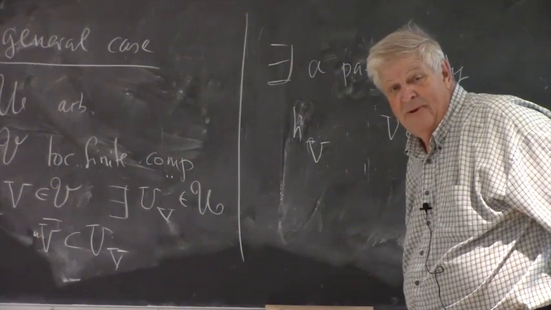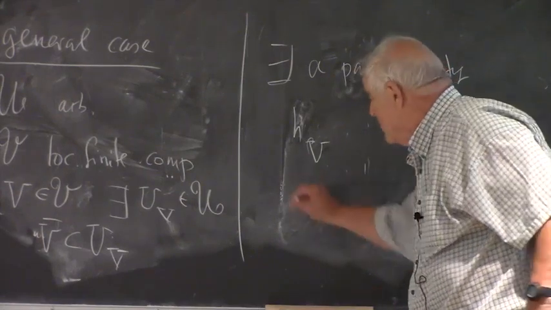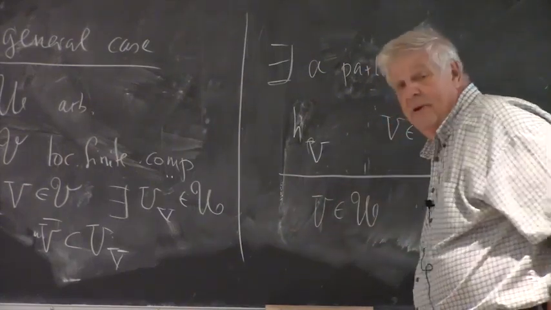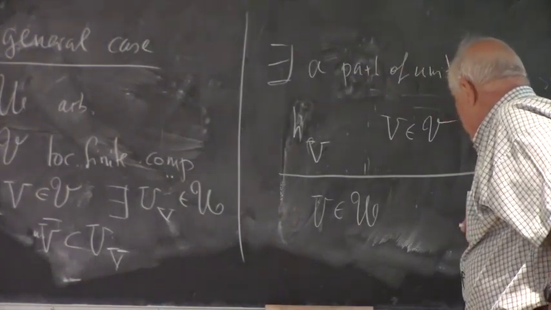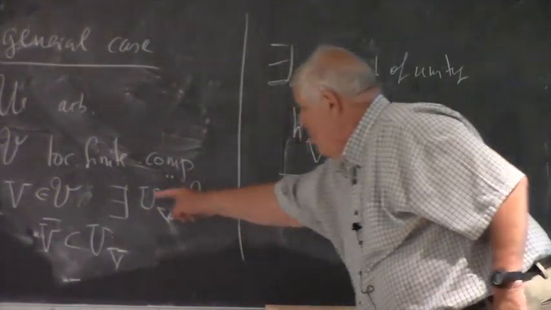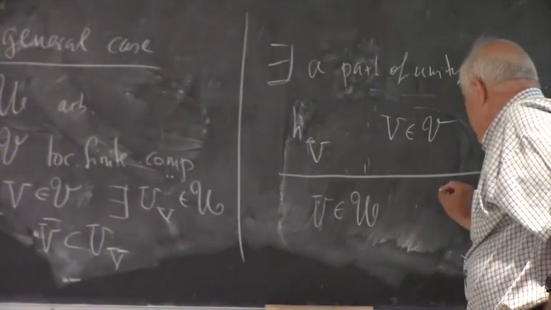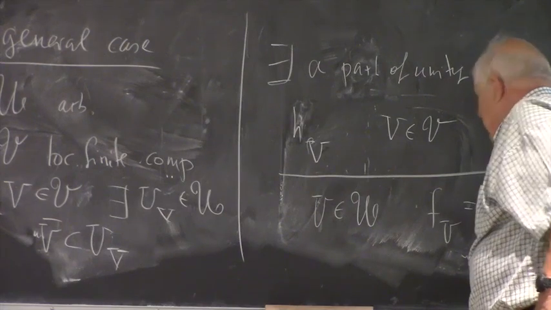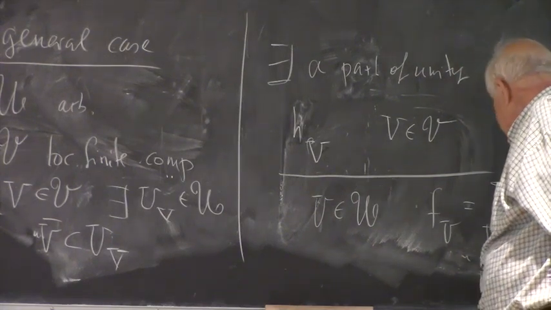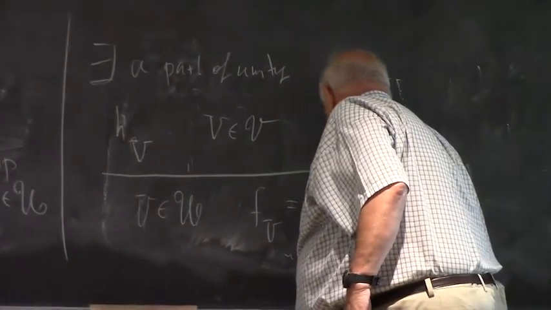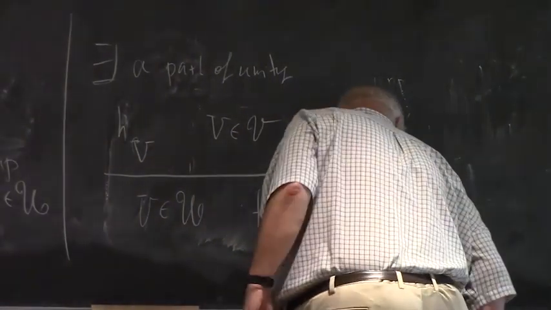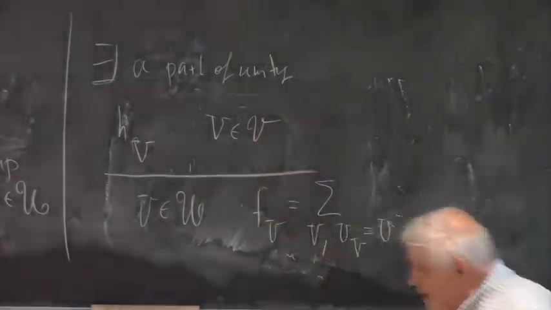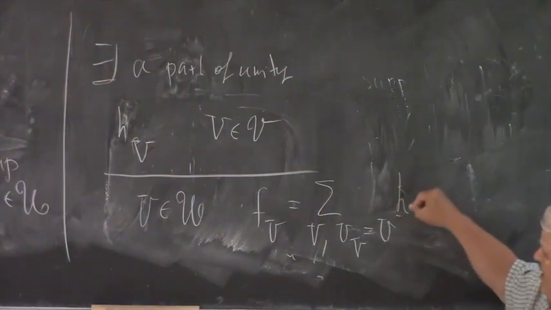Now I want to arrange a partition of unity which is subordinated to U. How to do that? Take a U in U and consider all V's for which U_V is U. Now I define f sub U as the sum over all V's in those partitions such that U sub V is U, and I take the functions h_V.